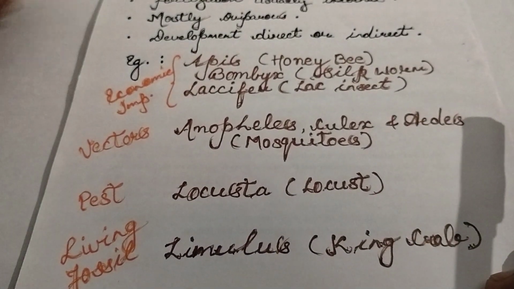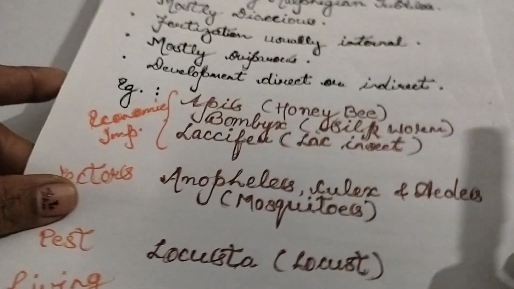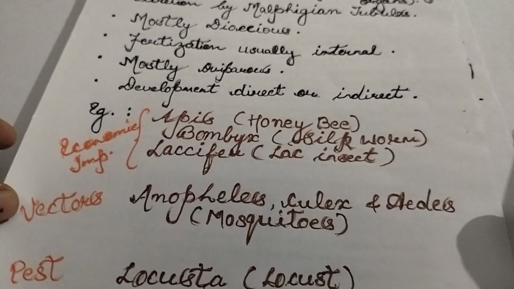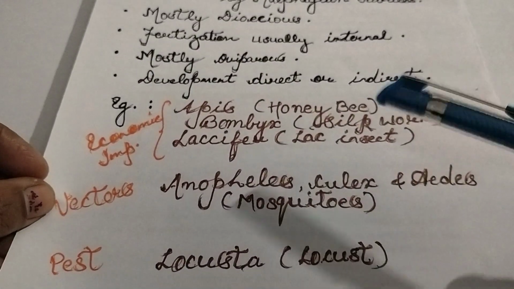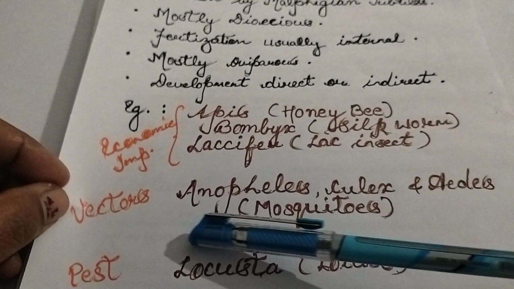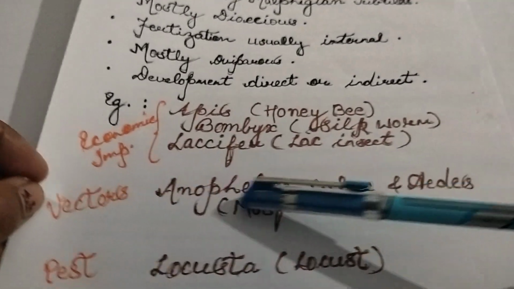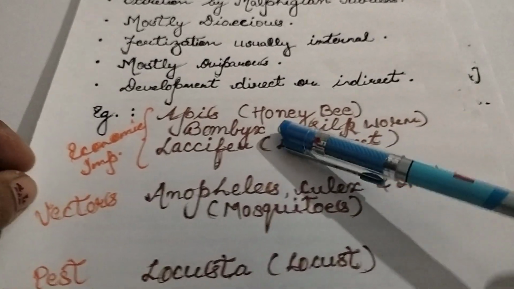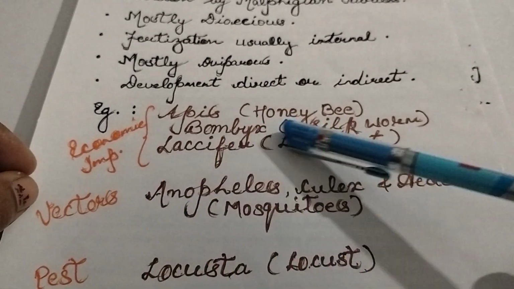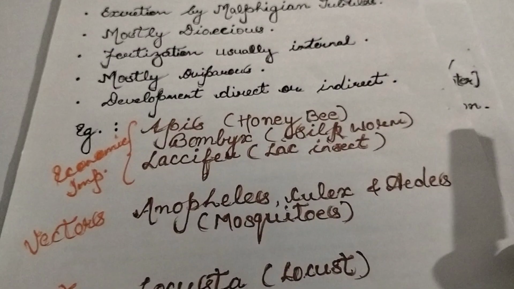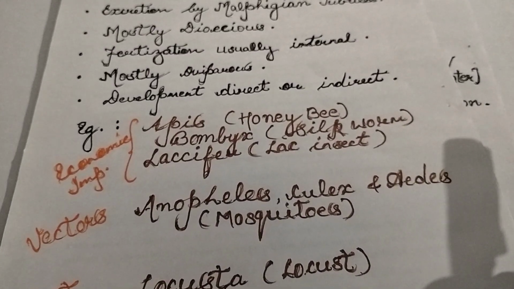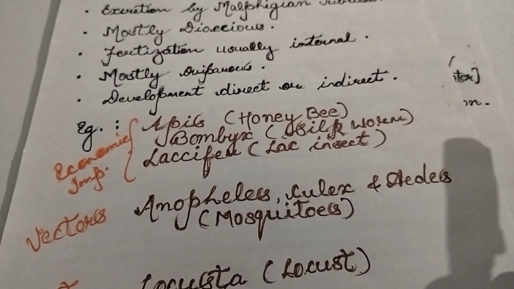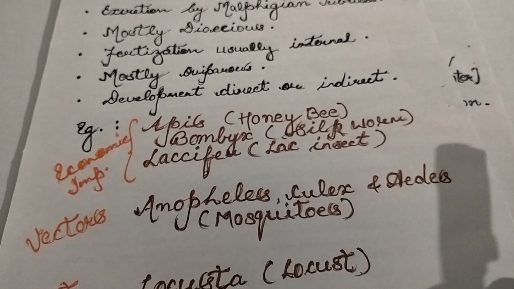So all these are examples of arthropods, and there are many more. Some of them, including their importance, you have to learn, learn all their names and of which economic importance they are. All right, I will show you a picture of some arthropods, that means insects, which will make you understand much better.